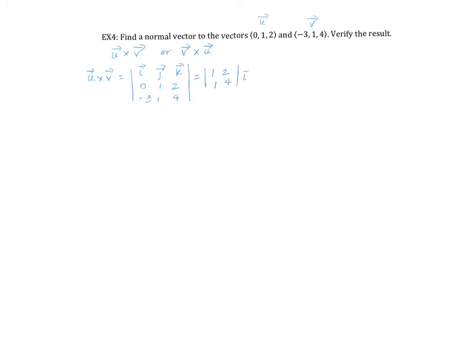This is the coefficient on my i, minus cover j, and we have 0, 2, negative 3, 4, j, plus cover k, and I have 0, 1, negative 3, 1, coefficient on my k.